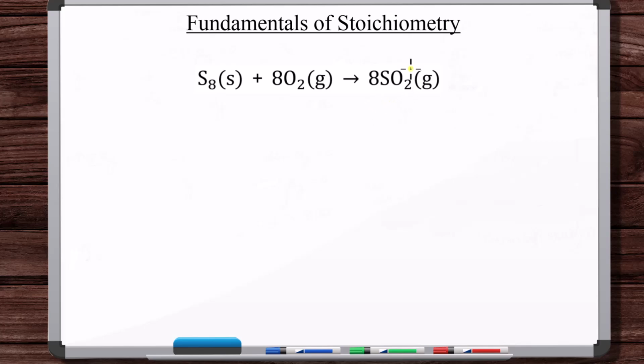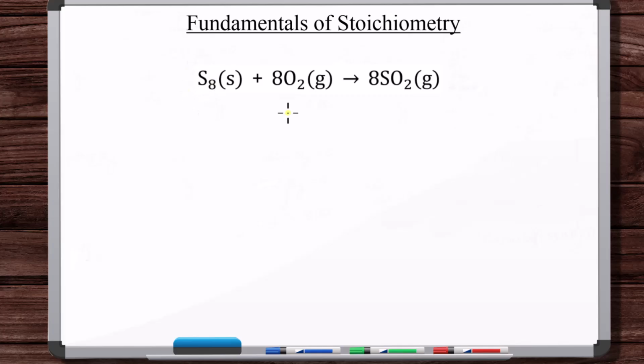If I want to produce 25 grams of sulfur dioxide, how many grams of O2 gas is needed? And how many grams of solid sulfur, S8 sulfur, is needed? To describe the amount of substance, you also could use volume, right? A certain volume of oxygen gas, a certain volume of sulfur dioxide gas, a certain volume of sulfur.